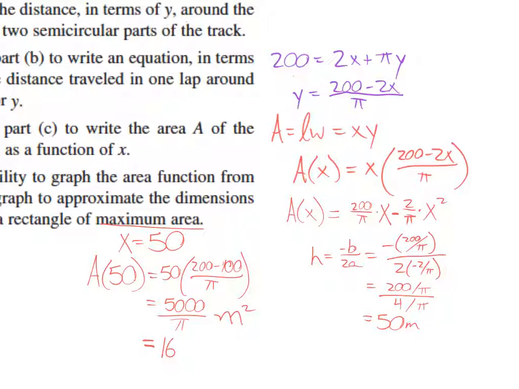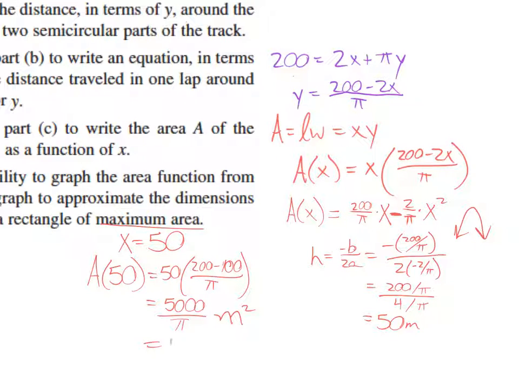We wanted the maximum, so we get the vertex. Because our function is going to be a parabola, and see the negative in front of the x squared? It's going to be opening downward. Okay, 1,591? Yeah.